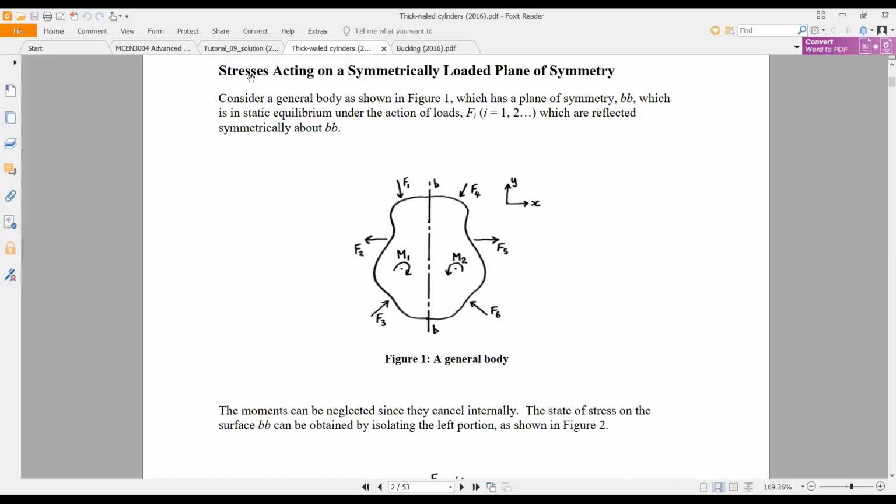You can see the title also: stress acting on symmetrically loaded plane of symmetry. So first you identify the symmetric axis. This is the symmetric axis in this figure, and there are different forces applied on what I will call this system. In this system you can see the compressive load and tensile load.